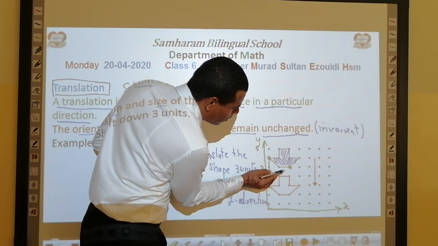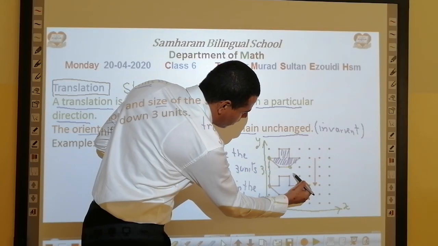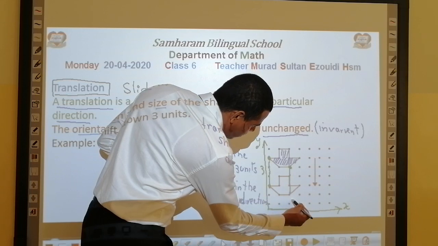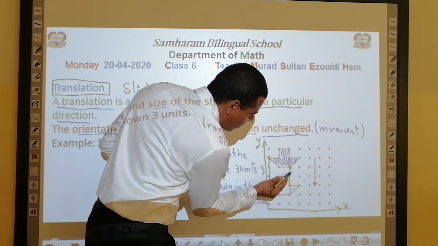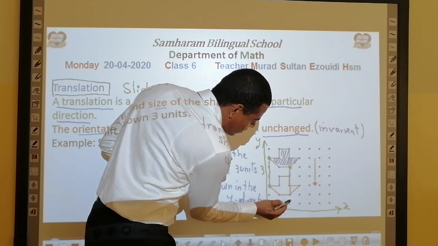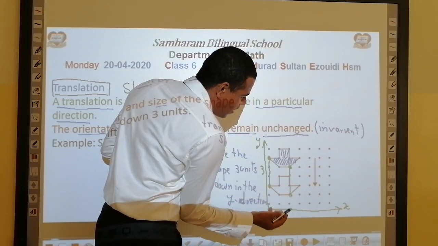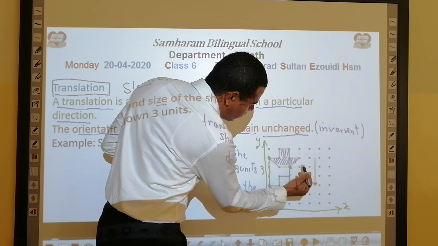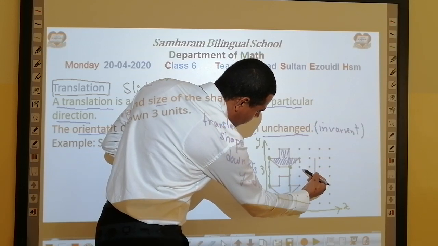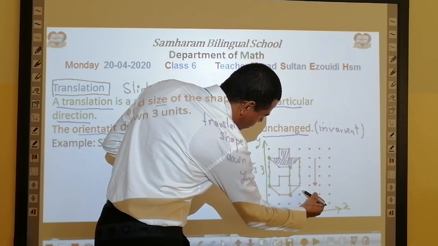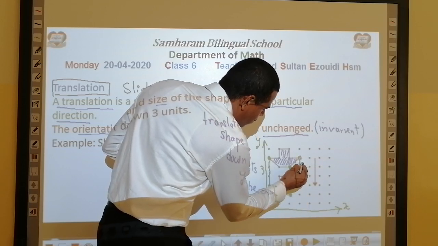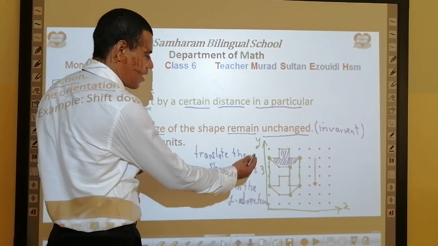It will be like that: 1 square, 2 squares, 3 squares. You can see the image of this point is here. And for the second one also, 1 unit, 2 units, 3 units. So each point moves 3 units down in the y direction.